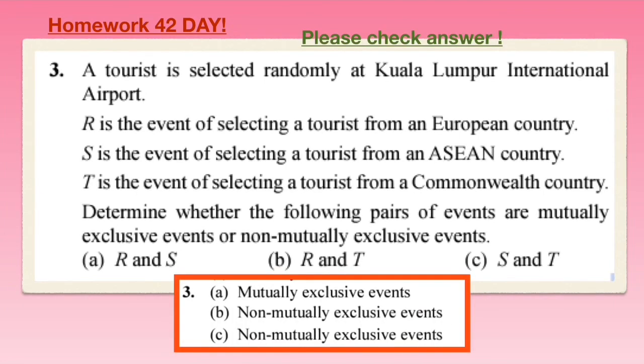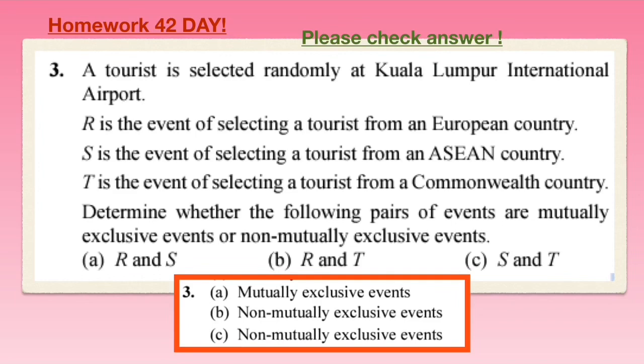Okay, R is the tourist from a European country. You know where Europe is, right? And then S is a tourist from an Asian country like Malaysia. So it seems like R and S cannot happen at the same time, so they are mutually exclusive events. And R and T, R from a European country, T from a Commonwealth country.